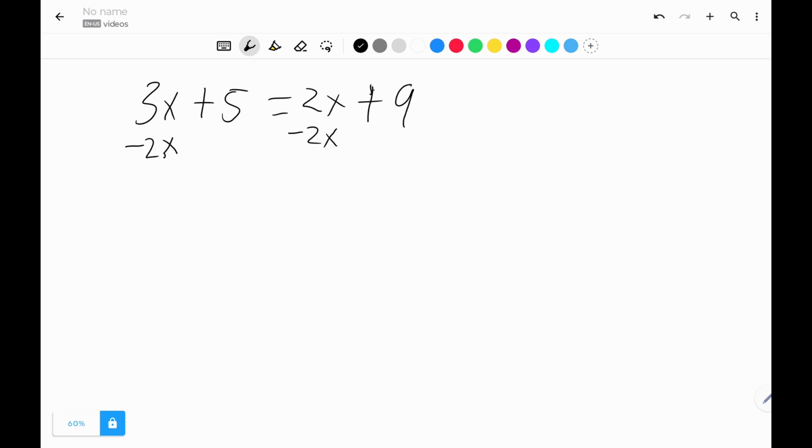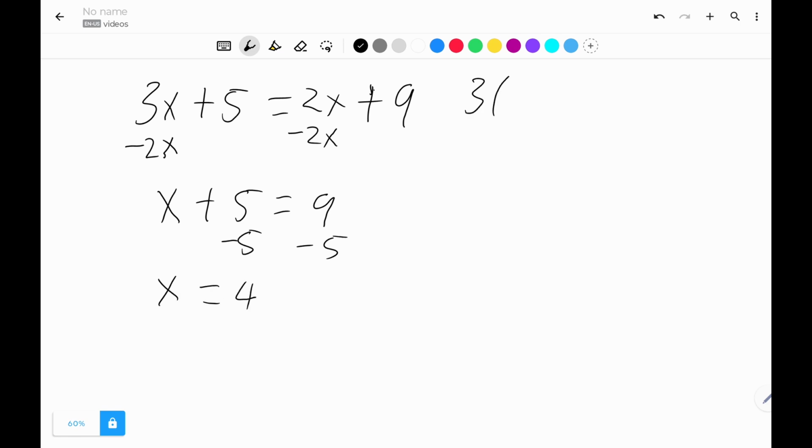Okay, so we now have x plus 5 equals 9, okay? Because 3x minus 2x, that'll give you 1, just write the x there, okay? So now this is also a one-step equation. So we just subtract 5 on both sides. That'll be x equals 4.